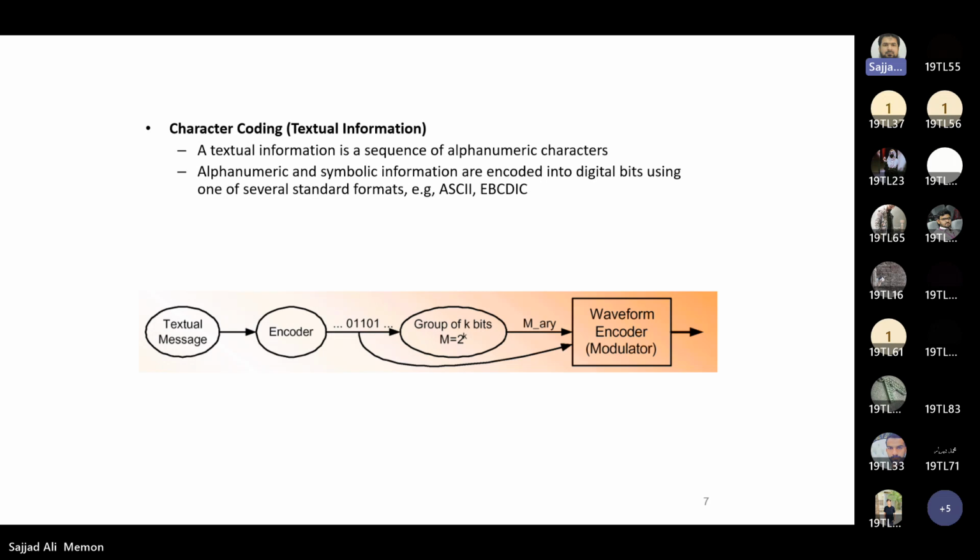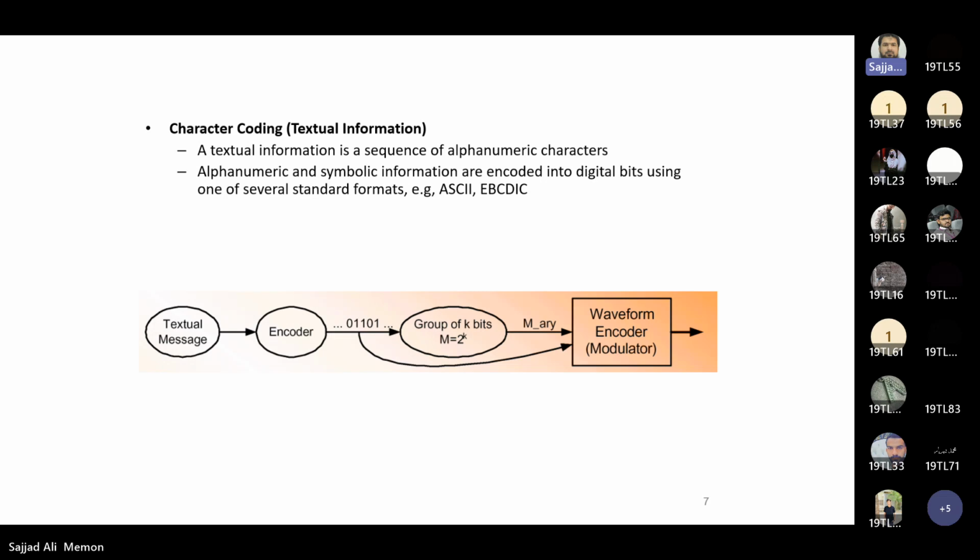We have already seen the ASCII. ASCII has a table. Using that table, you can convert alphanumeric characters into the sequence of textual information. That textual information will be converted into the sequence of digital bits.